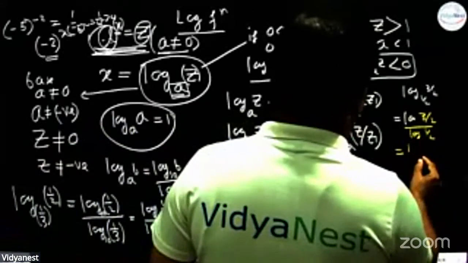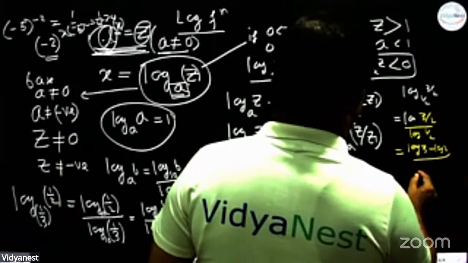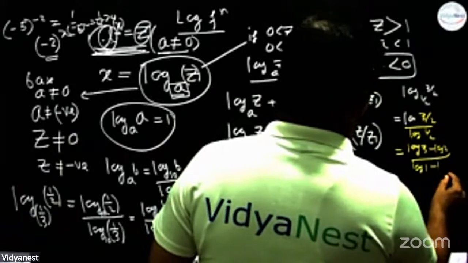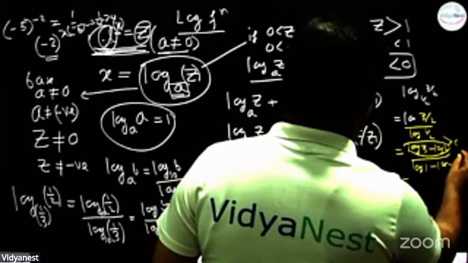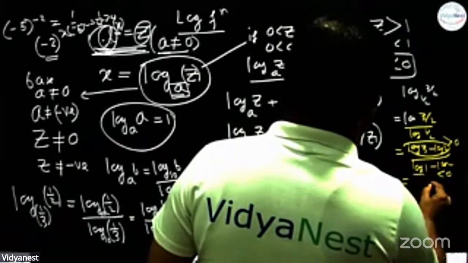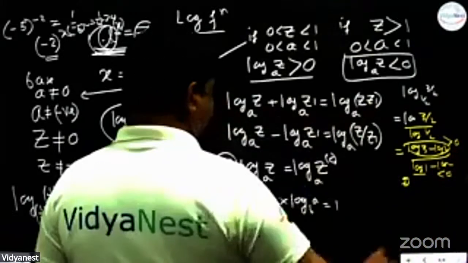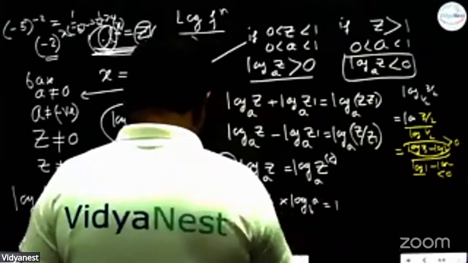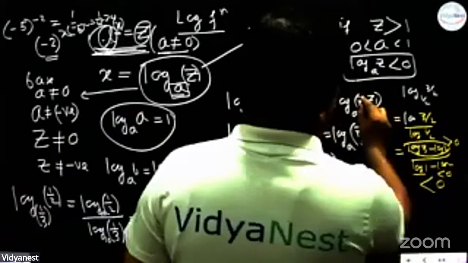Base is silent. So I can write log 3 minus log 2, over log 1 minus log 2. The numerator is positive, the denominator is negative because log 1 is 0. So resultant will be negative. So this supports this result.